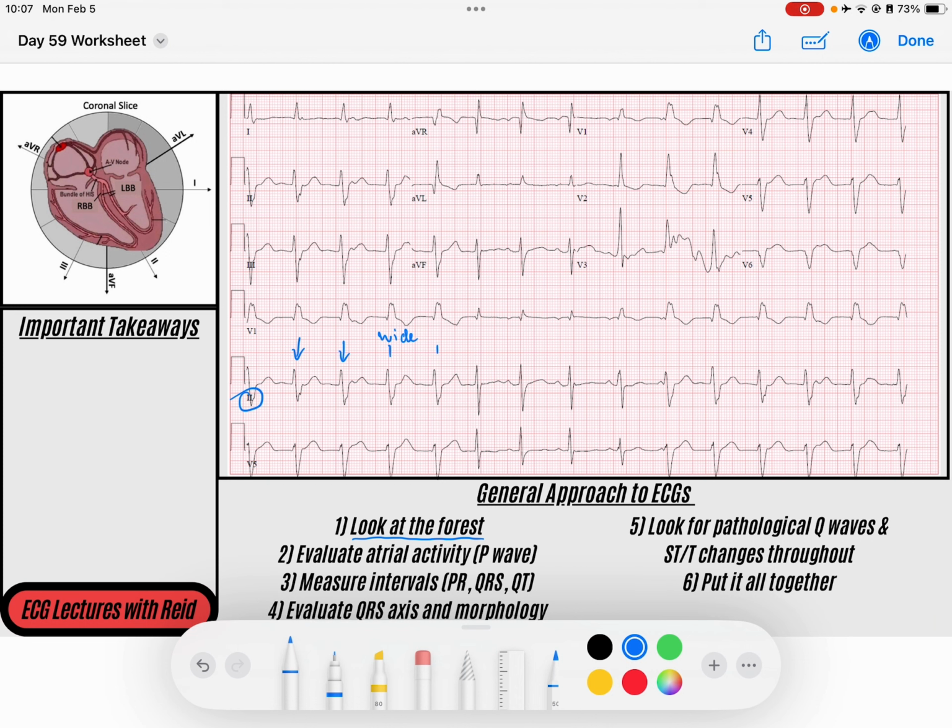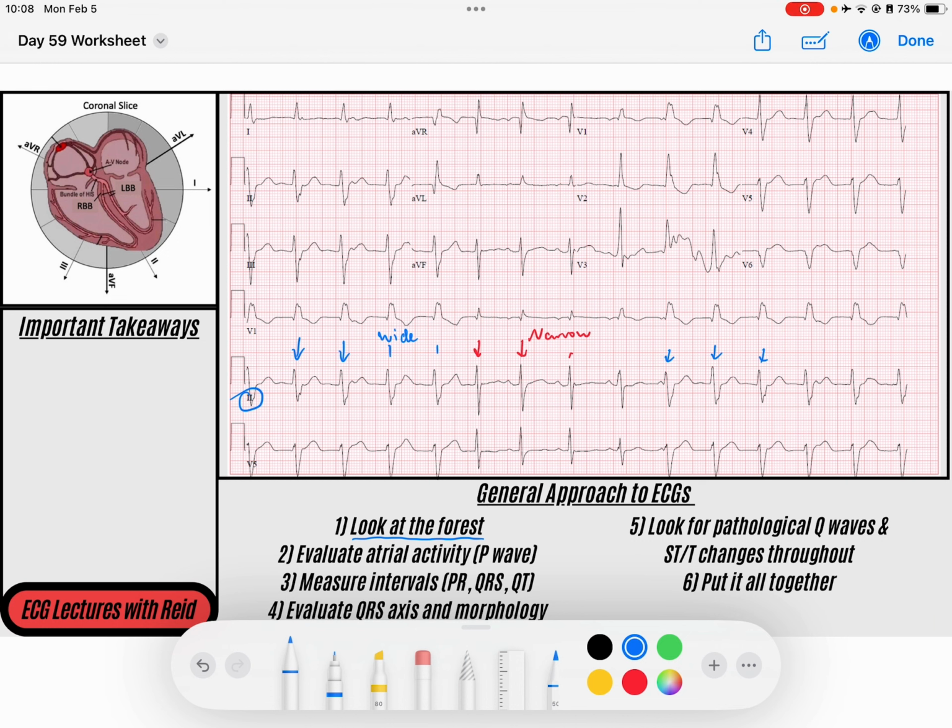And then all of a sudden it changes, and I'll change it in red, to this more narrow QRS for a few beats. And then we see it transition back to the wide. So we've got a couple different morphologies of our QRS, but the rhythm seems to be pretty regular here.